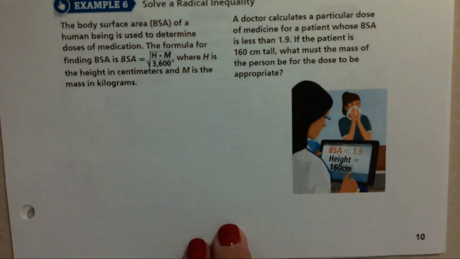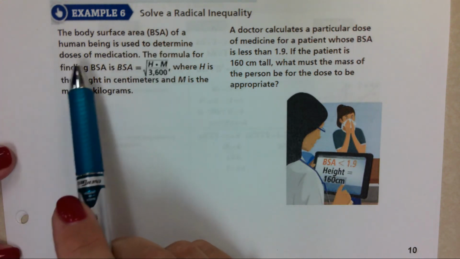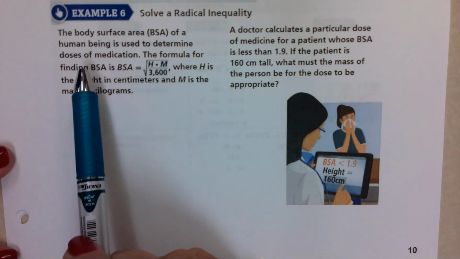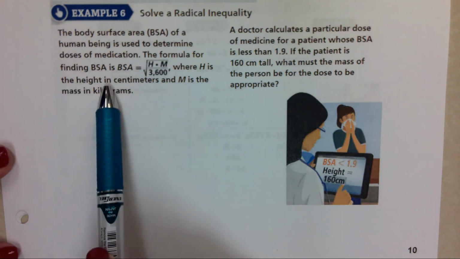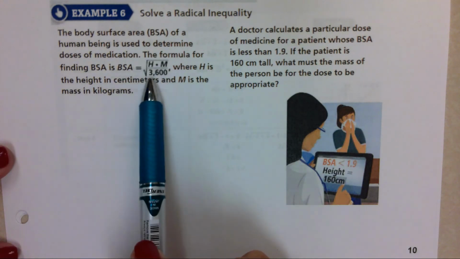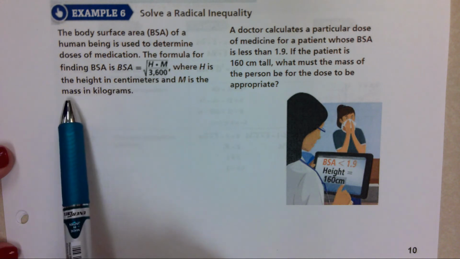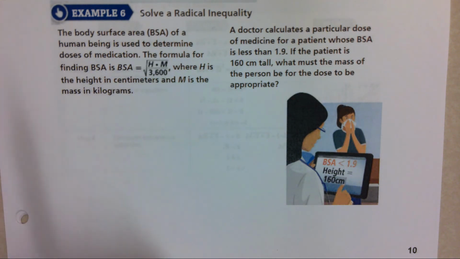All right, our last set of examples here. Here's our last word problem. It says, the body surface area, BSA, of a human being is being used to determine doses of medication. The formula for finding BSA is BSA equals the square root of h times m divided by 3600, where h is the height in centimeters and m is the mass in kilograms.